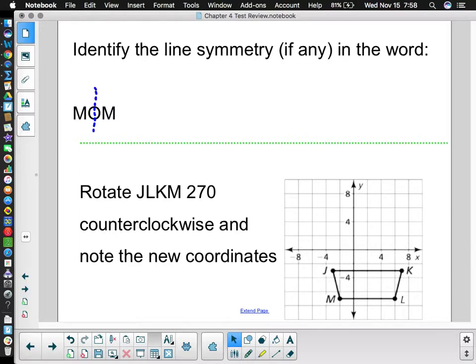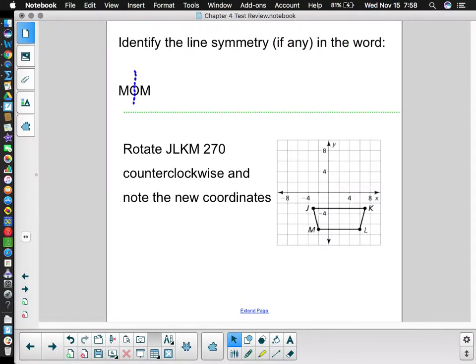Rotate JKLM 270 degrees counterclockwise and note the new coordinates. Okay, so here we're going to have to rotate and write out what my new coordinates are. In a case like this, we could rotate and then write the coordinates, or do the coordinates and then rotate using the rule. I'm just going to list the original coordinates here.